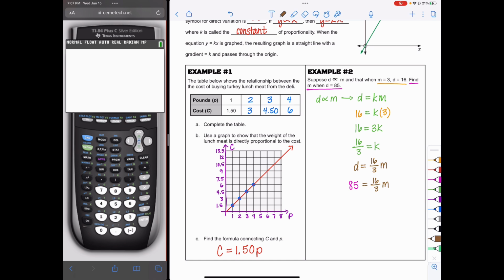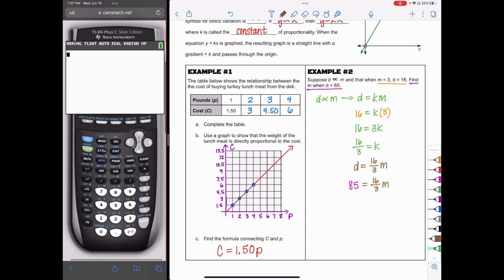So I can put it in my calculator that 85 divided by 16 thirds will be equal to 255 over 16. And if you wanted to put it as a decimal, you could. You could have easily put 85 divided by and put 16 thirds in parentheses, and you would have gotten 15.9375. So either one would be acceptable for your answer.